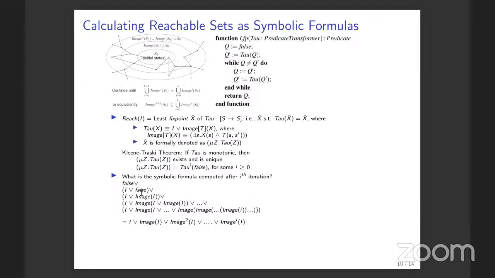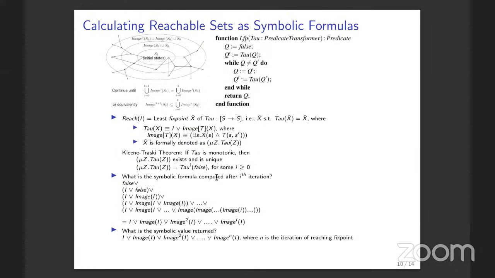The image of false is false, and therefore this is equal to I. Then you take the image of I and add it to I, that is I union image of I. Then you get I union image of whatever that was in the previous case. After some simplification, this is equivalent to I union one-step image, two-step image, and so on.